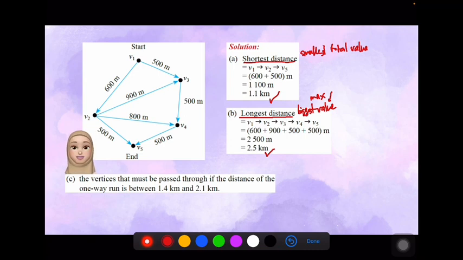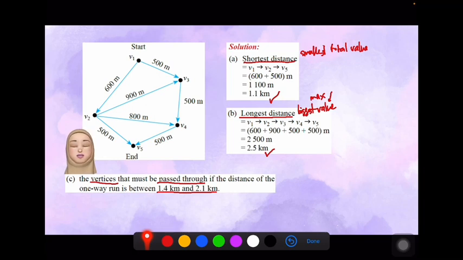Okay, now how about question C? From question C, we have to determine the vertices that must be passed through if the distance of the one-way run is between 1.4 kilometer and 2.1 kilometer. So refer to the diagram so we can check with the value.